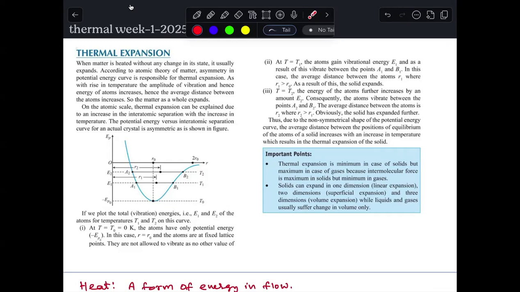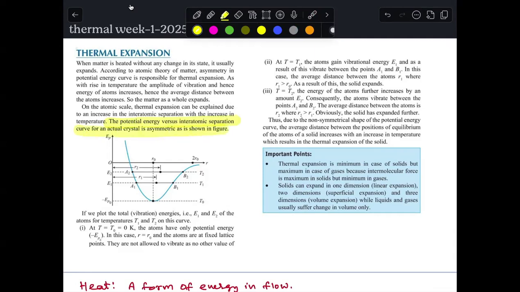So this is the fundamental reason for expansion of matter on heating. Suppose it is not asymmetric, what happens? The average distance of separation remains the same at any temperature, so you will not notice any expansion. So what is my point of conclusion here? This is the line.